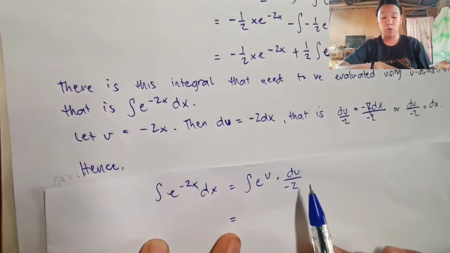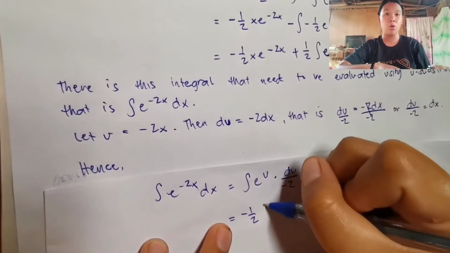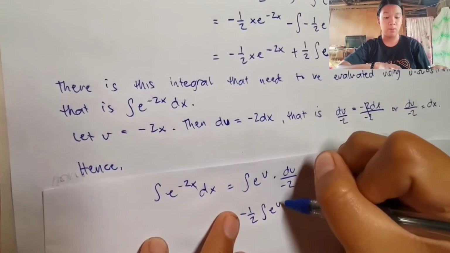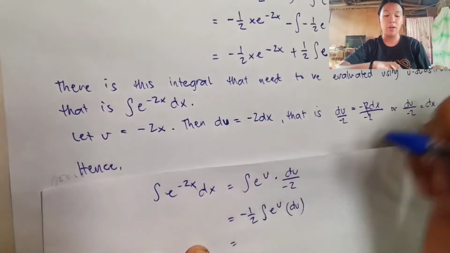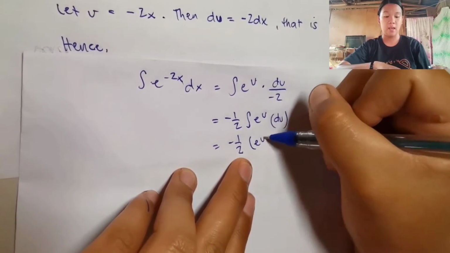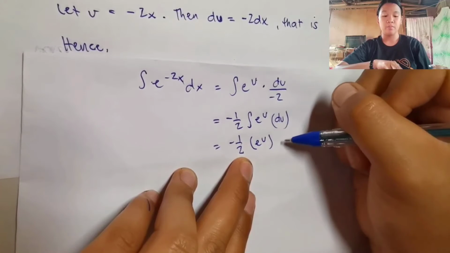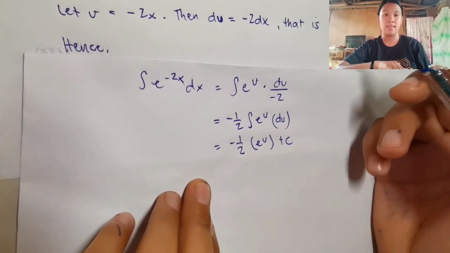We take out the negative 1/2, the integral of e to the u, leaving du. So here we have negative 1/2 times e raised to the power of u plus c. Then we substitute back the value of u, which is negative 2x.